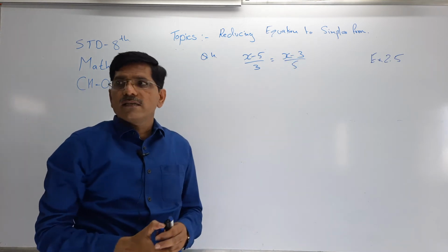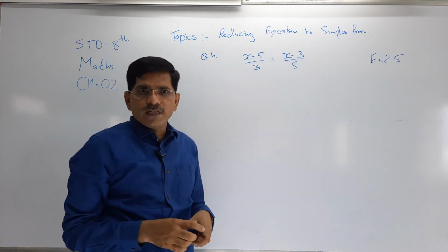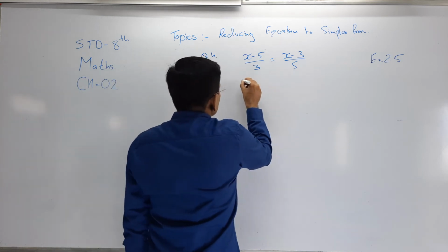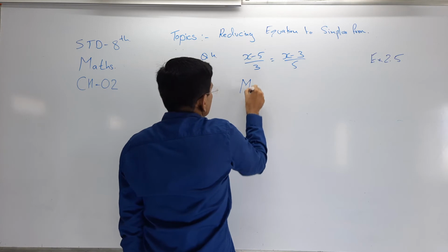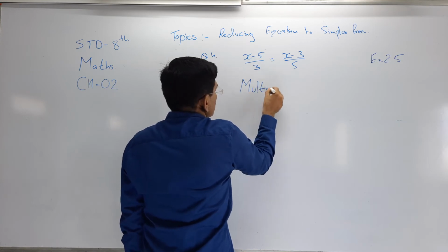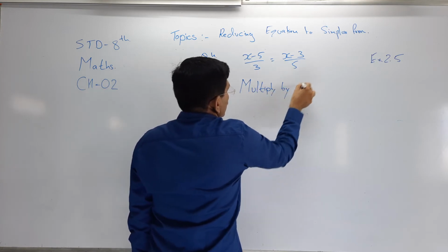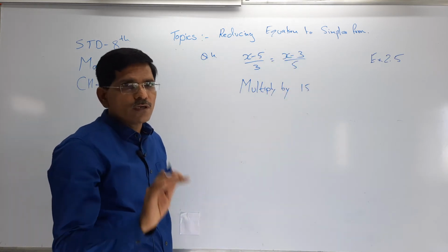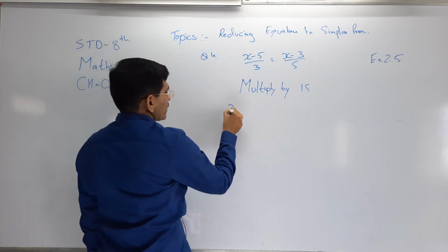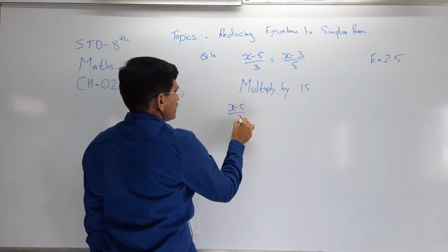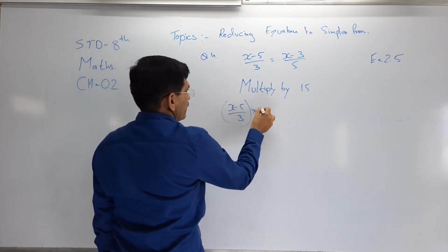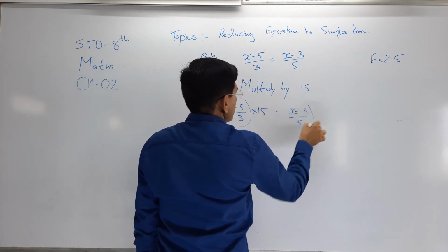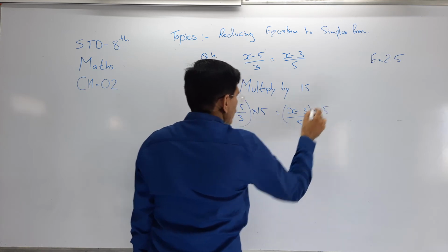Obviously we can see that the LCM is 15, so I have to multiply each term with 15. Another way, you can do the cross multiplication method, it is also correct.